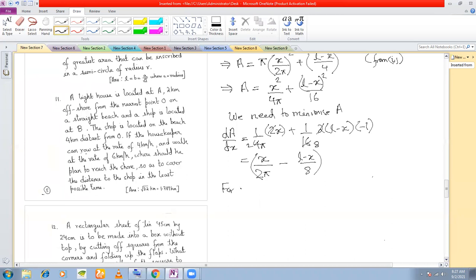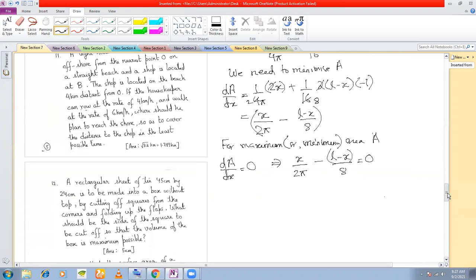So for maximum or minimum of area A, dA/dx must be equal to 0. That means x by 2 pi minus (L minus x) divided by 8 must be equal to 0. So you find out x from here. x by 2 pi is equal to (L minus x) divided by 8.